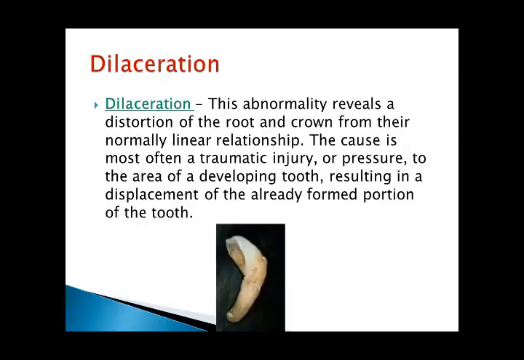Second is dilaceration. This abnormality reveals a distortion of the root and crown from their normally linear relationship. The cause is most often a traumatic injury or pressure to the area of the developing tooth, resulting in a displacement of the already formed portion of the tooth.